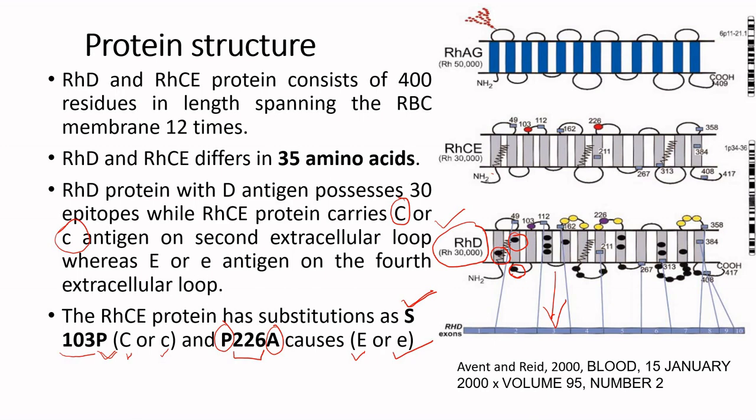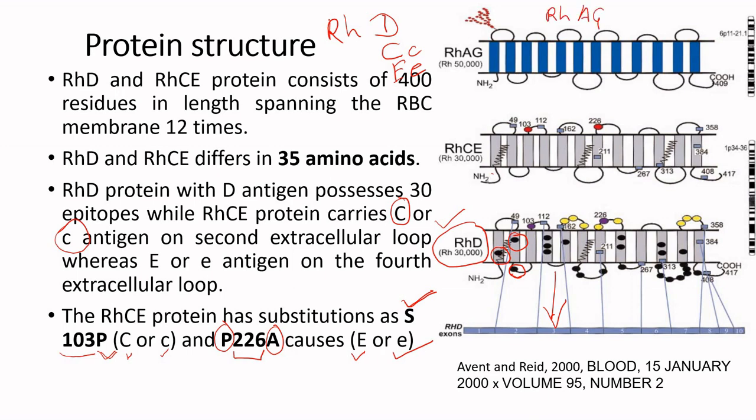On this basis, the most common antigens are RHD, RHC, small c, RHE and small e, along with RHAG.